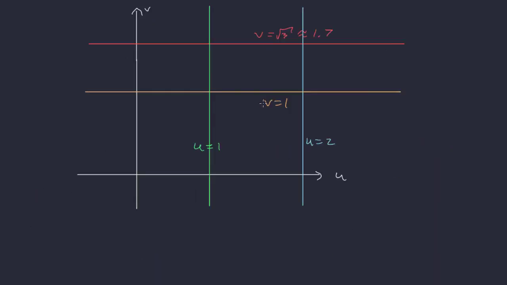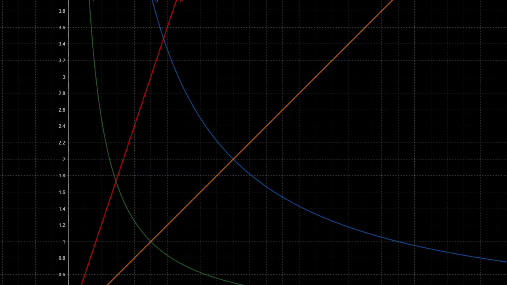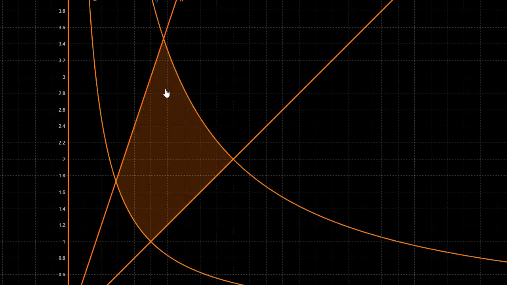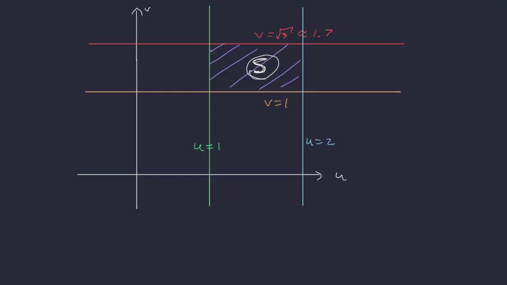Okay, so we get the line u equals 2 here, and the region bounded by all of these lines is this one here. So this is our S. And the beautiful thing about it is we've now taken this horrible region here, right, this strange looking thing here, and we've turned it into a rectangle.